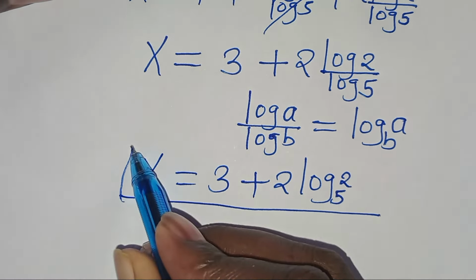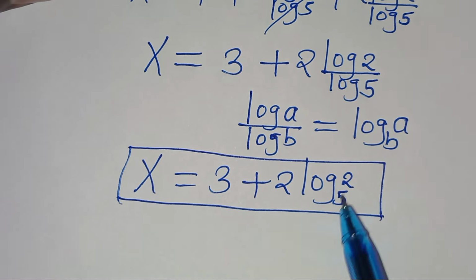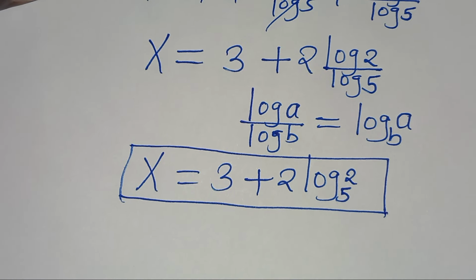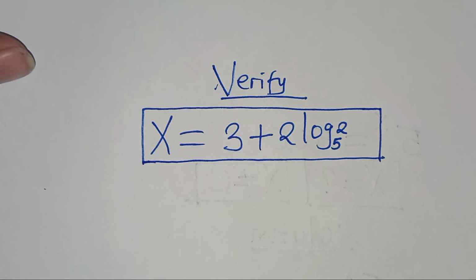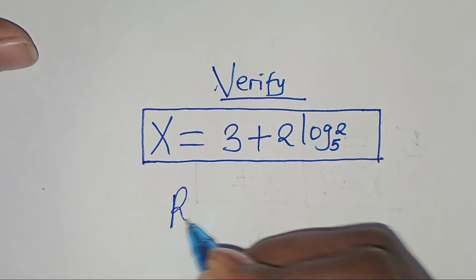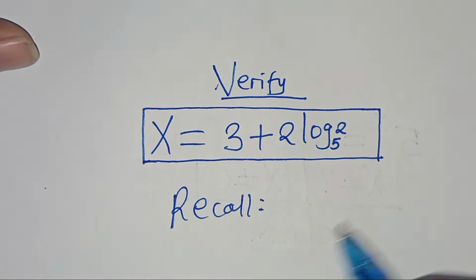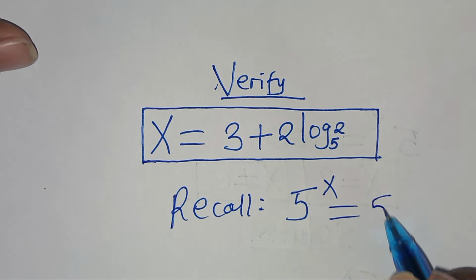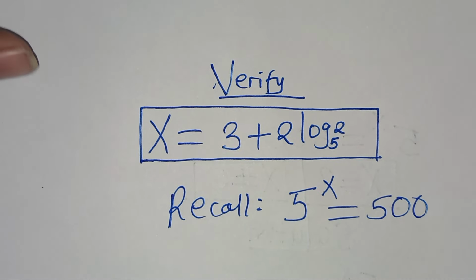So the next step from here is to verify that this value of x satisfies the equation as follows. Now if you recall, we have that 5 to the power of x should give us a value of 500.